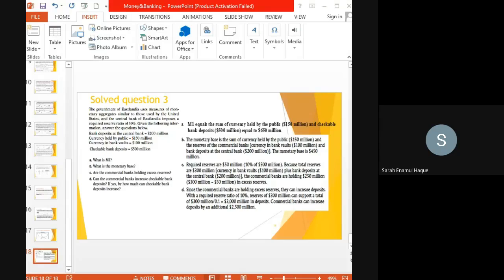We need to calculate what the required reserve amount is. The minimum amount that the commercial banks are required to give to the central bank is the required reserve amount. But that does not mean that the banks cannot give extra money to the central bank. Is it clear?